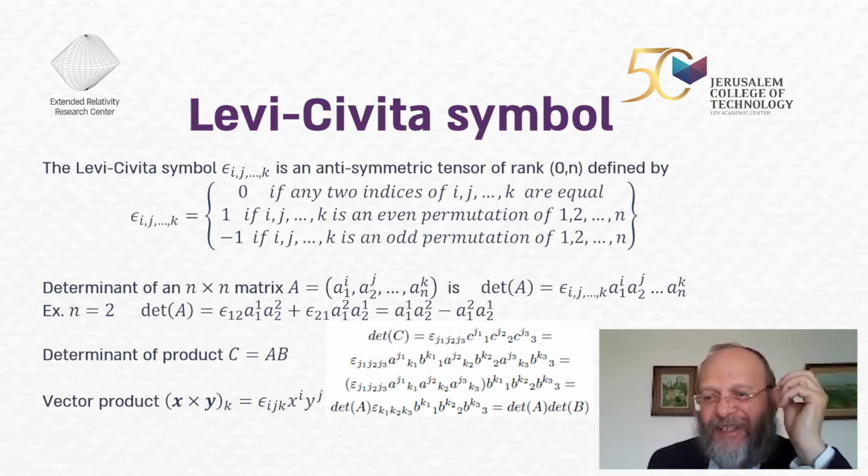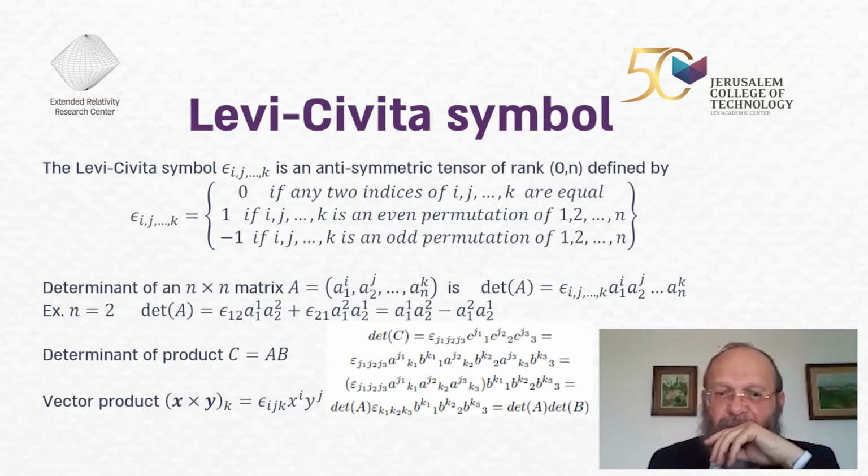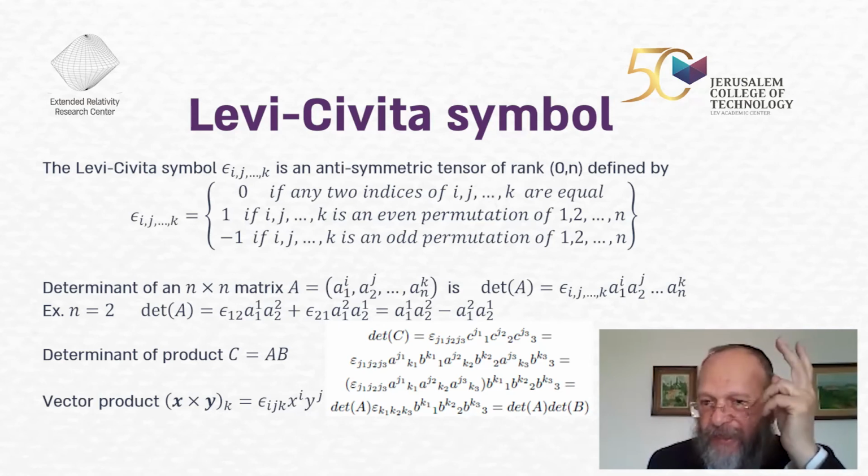Tensors are very important. Using this Levi-Civita symbol is very important. Another product is the vector product. What is the vector product? You have two arrays of numbers, x and y, and you want to define an antisymmetric product, so probably you need to have Levi-Civita.